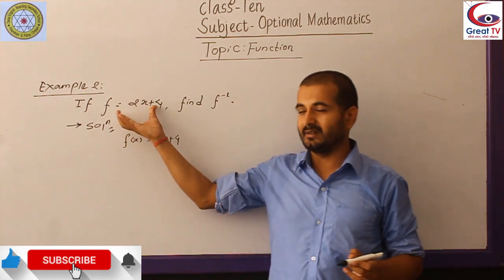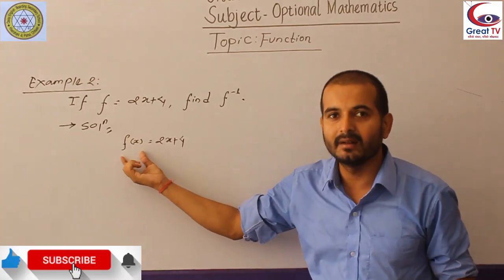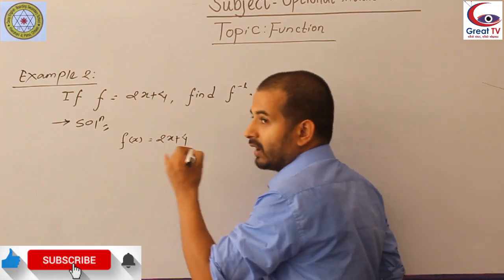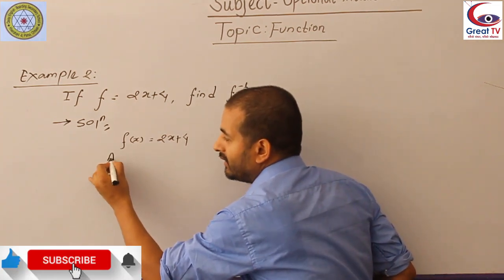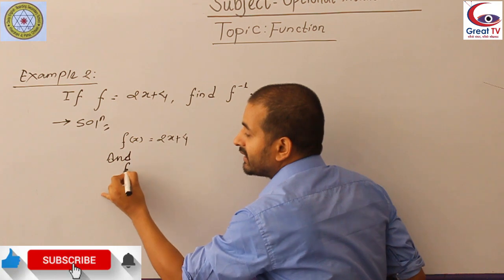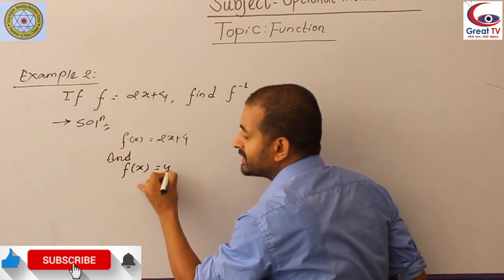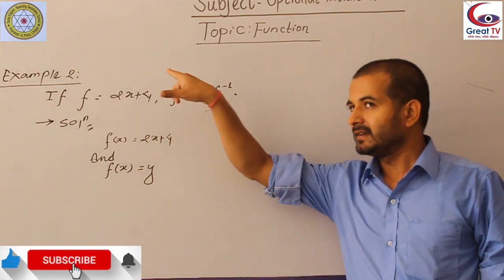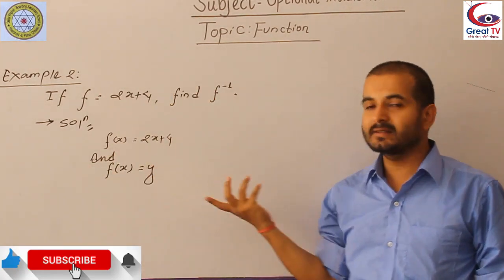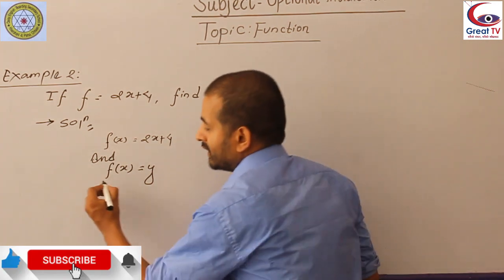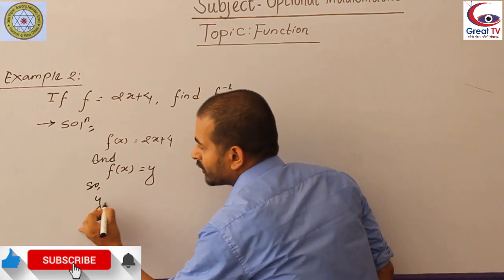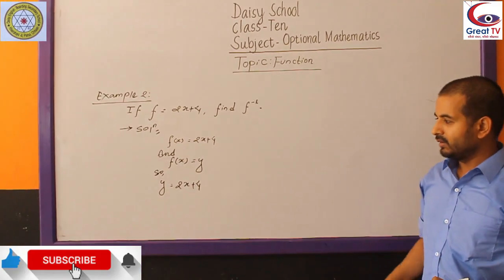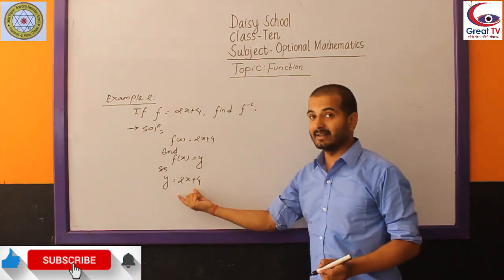This is given in the question. f(x) and y are the same thing, because after the processing of x, it becomes y. So what can we write? y equals 2x plus 4.